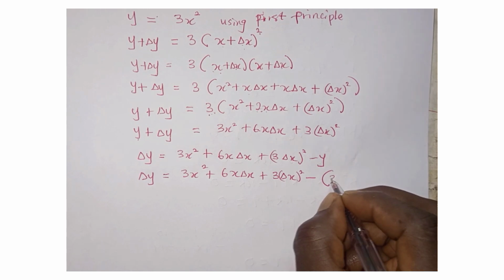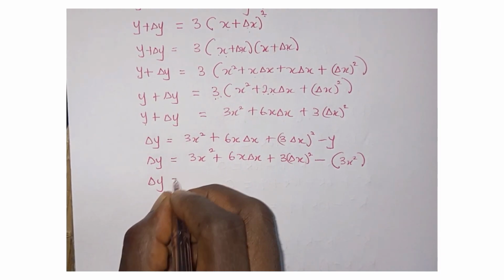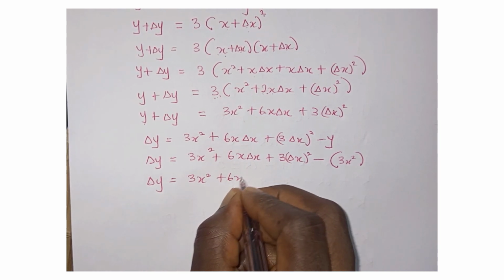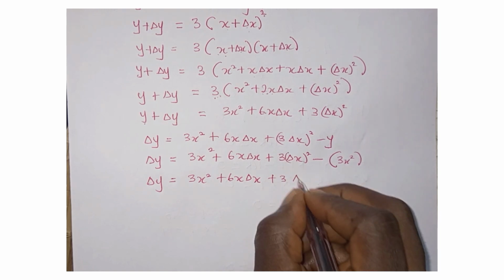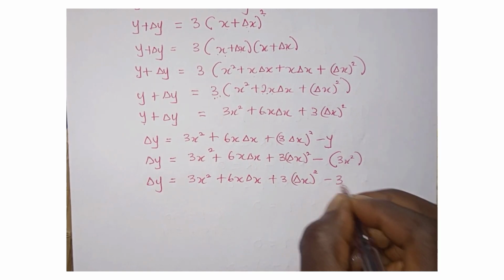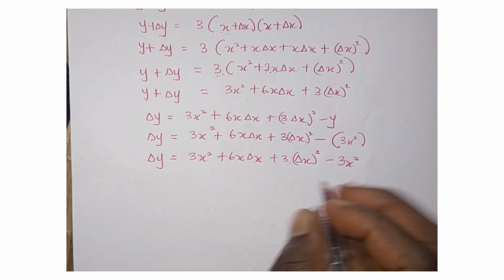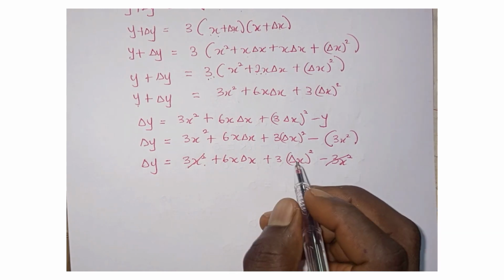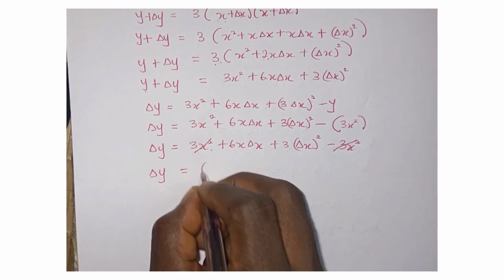Now it will be minus 3x squared. So change in y will now be equal to 3x squared plus 6x change in x plus 3 change in x all squared minus 3x squared. Now from here, if I observe, this can knock out this because 3x squared minus 3x squared cancels. What remains now is change in y equal to 6x change in x plus 3 change in x all squared.